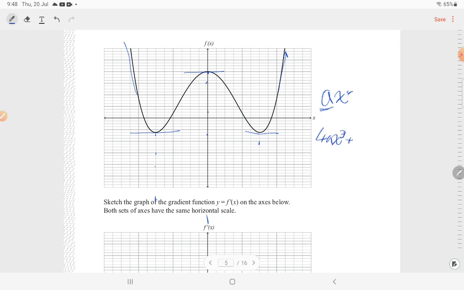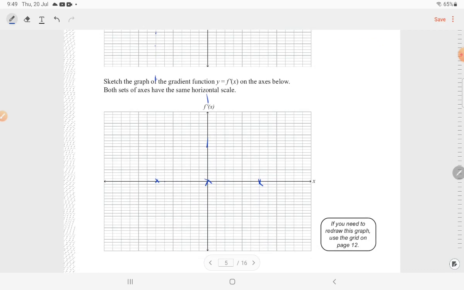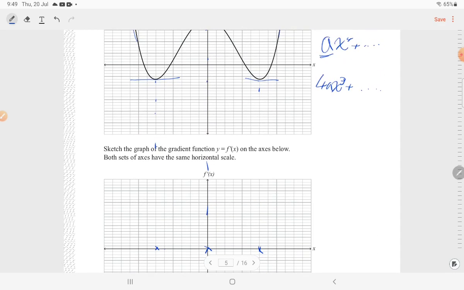So this function will be ax to the 4 plus other terms, and when we take the derivative it will be 4ax cubed plus other terms, where 4a is positive.